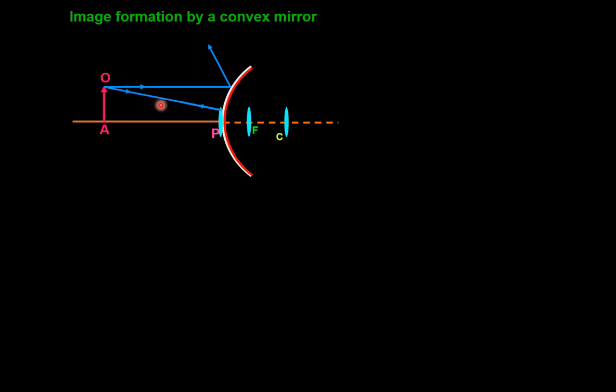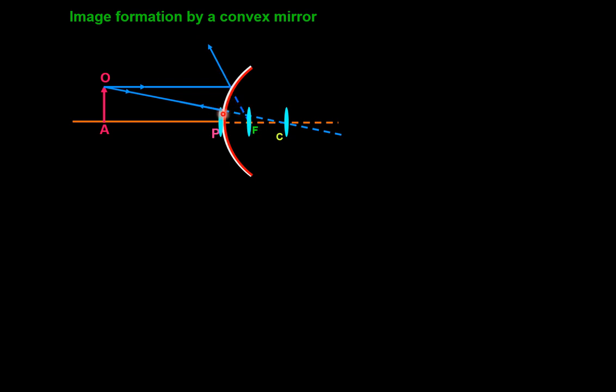Now see, light rays cannot actually go behind the mirror, but as we know from rectilinear propagation of light, light travels in a straight line. So if I visualize from this point, this light ray appears as if it has come from the principal focus.